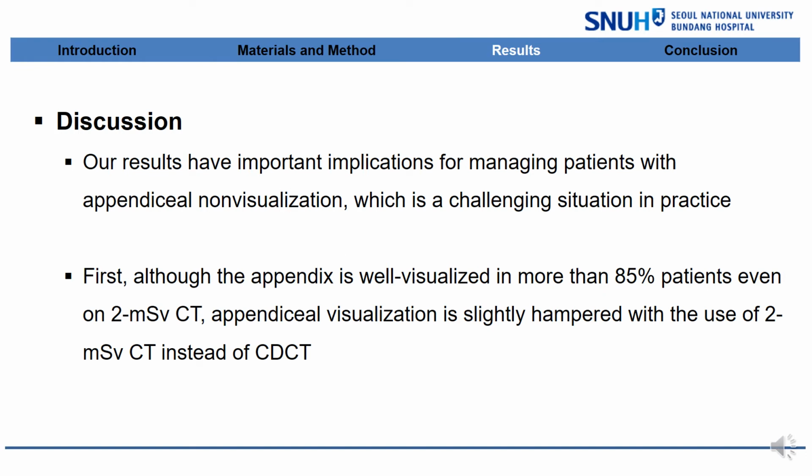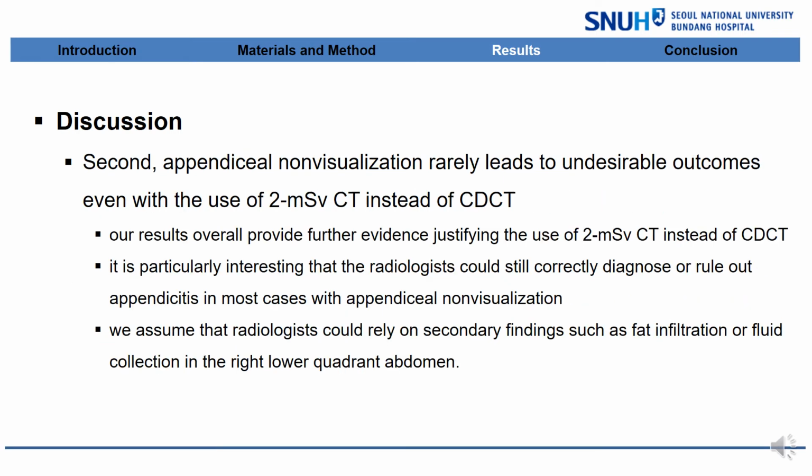Our results have important implications for managing patients with appendiceal non-visualization, which is a challenging situation in practice. First, although the appendix is well visualized in more than 85% of patients even on 2 millisievert CT, appendiceal visualization is slightly hampered with the use of 2 millisievert CT instead of conventional CT. Second, appendiceal non-visualization rarely leads to undesirable outcomes even with the use of 2 millisievert CT instead of conventional CT.